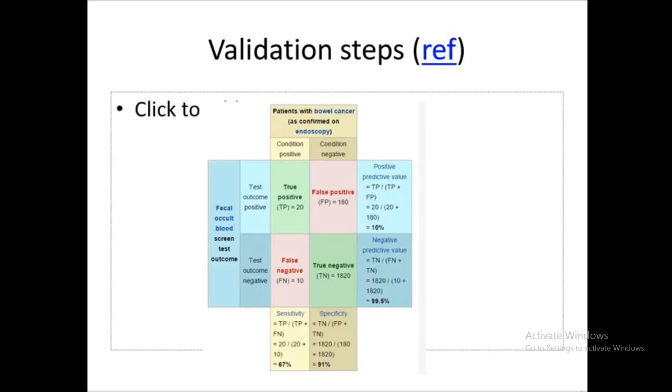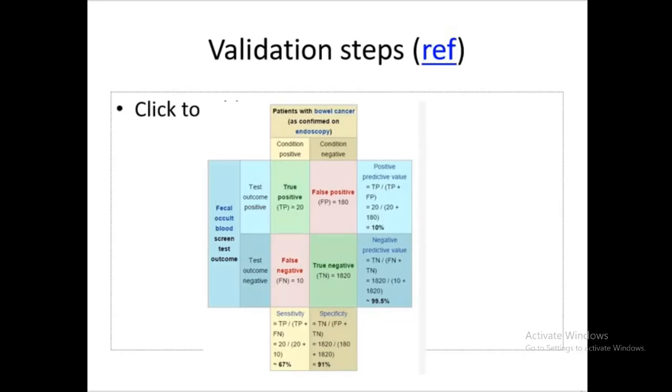And likewise, the people who didn't have the disease, 180 tested positive, so it's a false positive. And likewise, 1,820 people who didn't have the disease actually tested negative, which is a true negative.